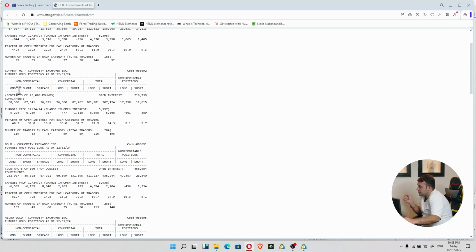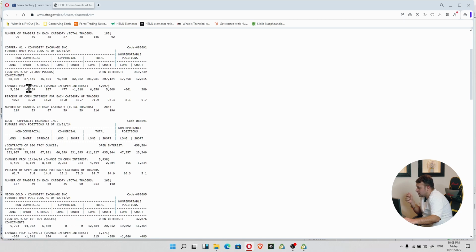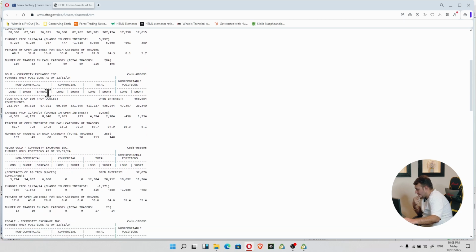Either they are going long, they are shorting, or whatever they are doing. So from this, by analyzing these numbers, you can easily indicate where the future supply and demand will be and how the price can react to this. So this was the basic overview of the analysis.